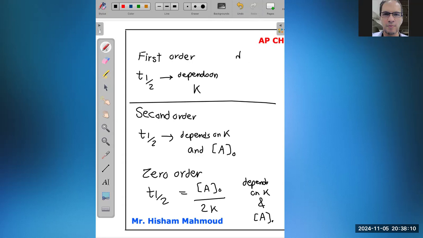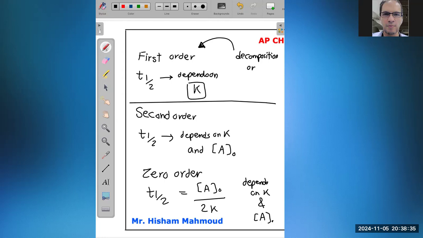That's why, take care, whenever I talk about decomposition or substances which are radioactive, I will say it is first order. It doesn't matter to me how much of the substance I put, high concentration or low concentration. It depends on the K of this substance.